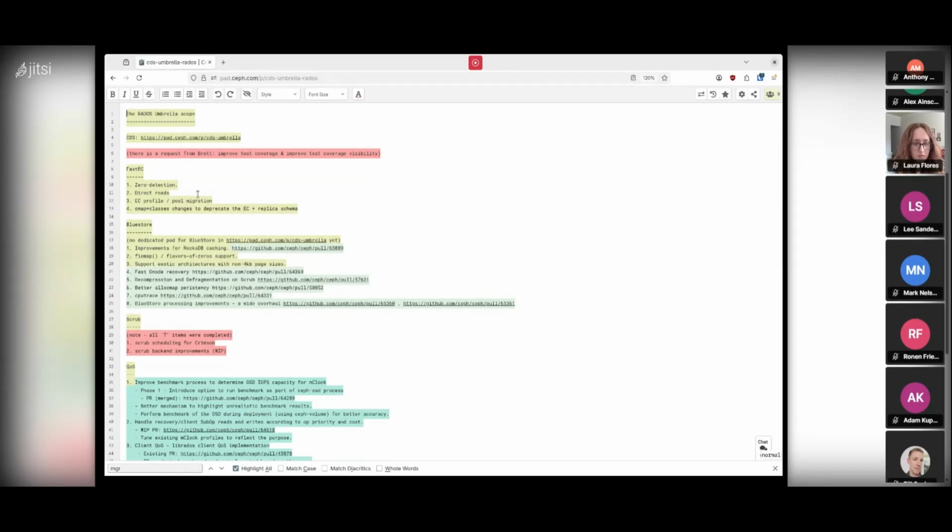Then we have EC profile / pool migration. I think it's a very, very long awaited feature. Currently, there is simply no other way to change even the EC profile, like the plugin responsible for crunching the data, without recreating the EC pool and migrating all its data.